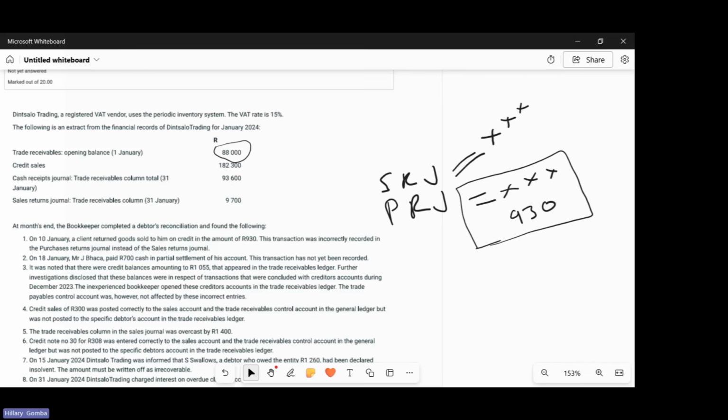And here it means that the sales returns account was omitted, as they entered into the wrong account, so it's short by that same amount. So in order to rectify such an error, you will subtract this 930 from the purchases returns journal and add it to what? To the sales returns.